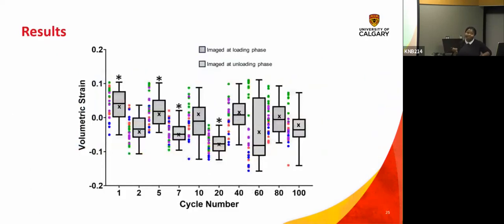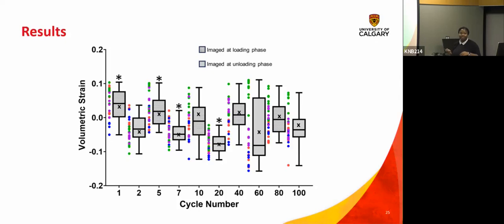So now for the results. Initially, we thought, oh yeah, you load at the top, since it's under compression, the cell is going to be smaller. So maybe we're going to see a smaller volume at the top, even compared to what we imaged at the bottom. But surprisingly, just looking at the top, we actually realized we had more of a volume increase.